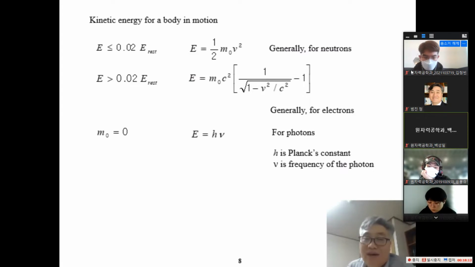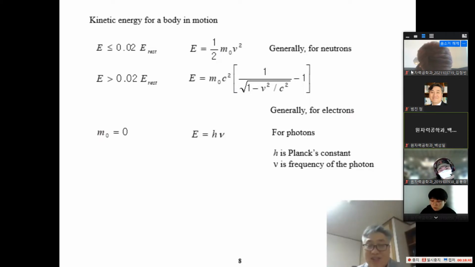Okay, and for photons, the rest mass of a photon is 0, but it has kinetic energy. In the above two formulas, if the rest mass m0 is 0, then the kinetic energy should be 0. But actually, a photon has kinetic energy even though the rest mass is 0.